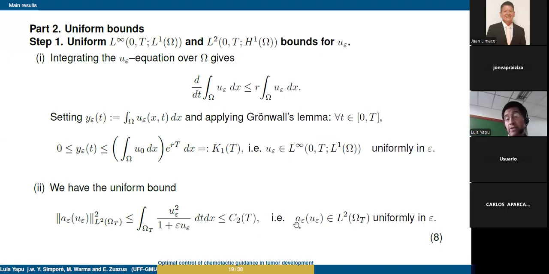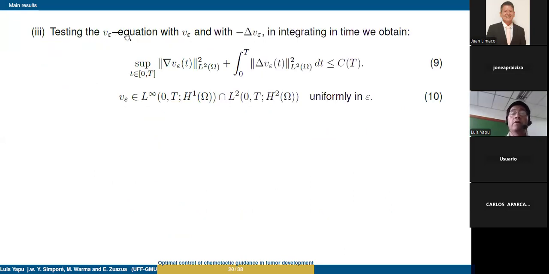This quantity can also be estimated independently of epsilon. So we have that a u epsilon is in L2 uniformly in epsilon. We test the equation with v epsilon and the Laplacian of v epsilon. And we also get a constant here independent of epsilon. So we gain a regularity in v.